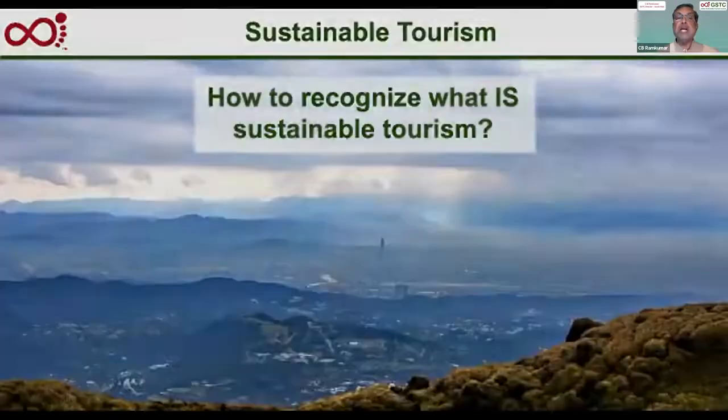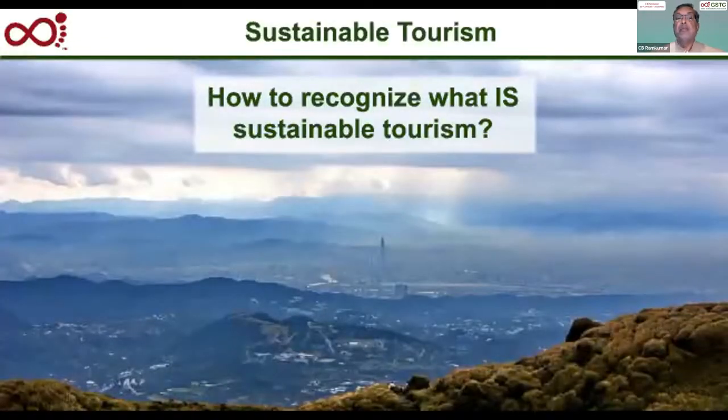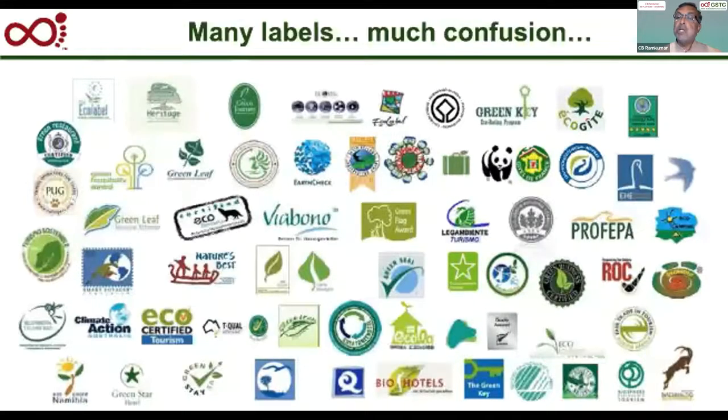Now, the biggest challenge that comes up is how to recognize what is sustainable tourism. And that's a challenge that many people from the industry, especially a lot of travel companies, have approached us with, asking, how do we make out who is sustainable and who is not? And it's unfortunately complicated because of these thousands of labels that we see in front of you.